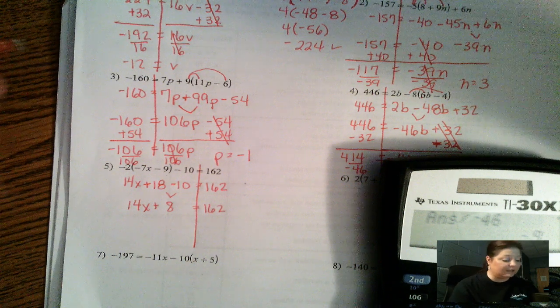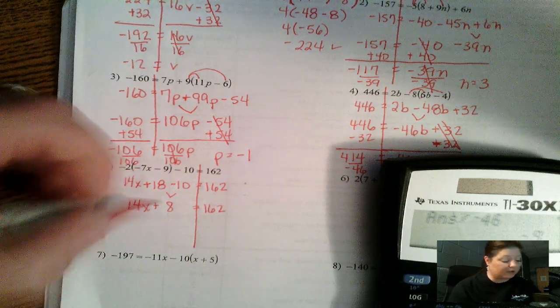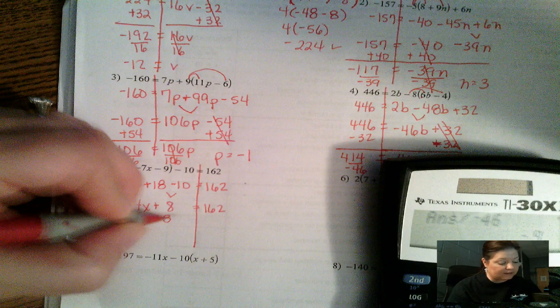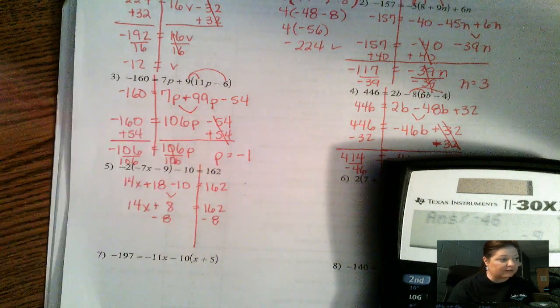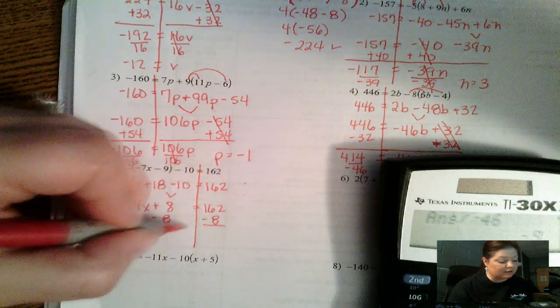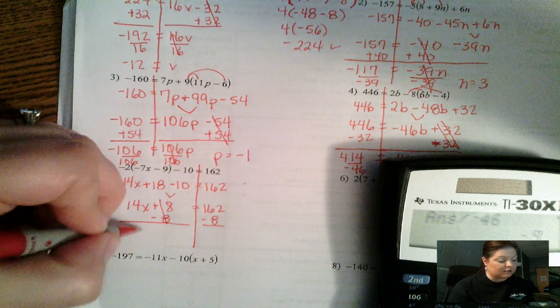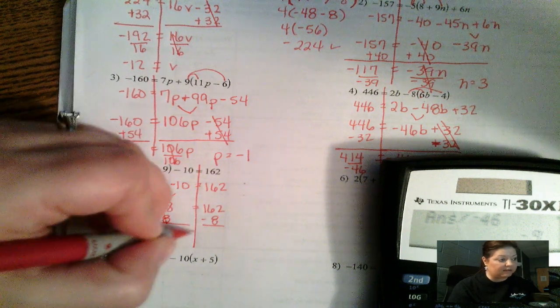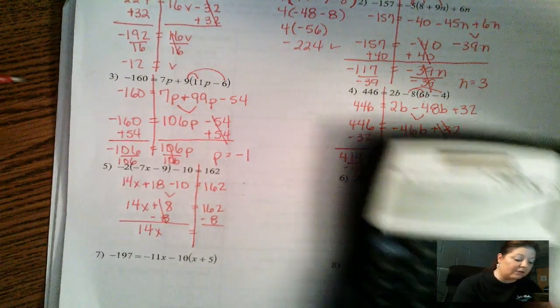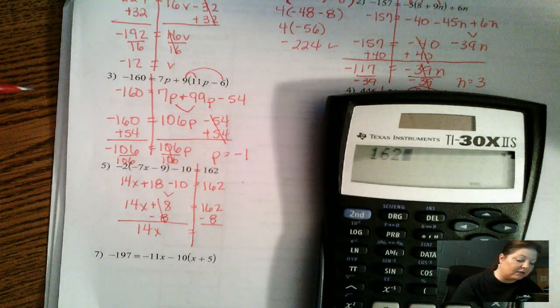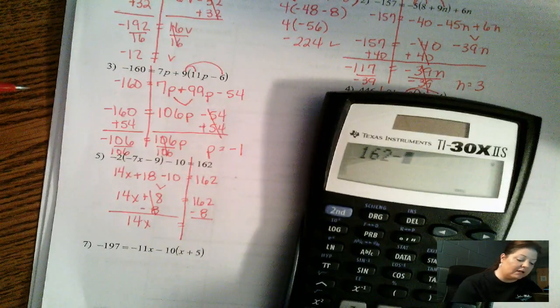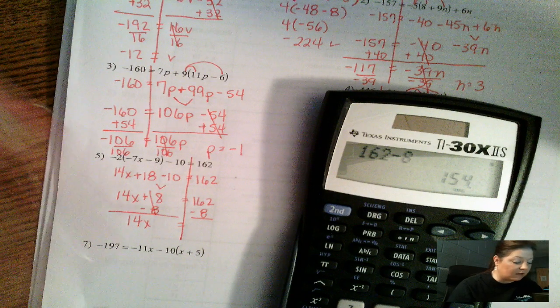We just need to divide, or subtract, sorry. So subtract 8 on both sides. 14x is equal to 162 minus 8, so 162 minus 8 is equal to 154.